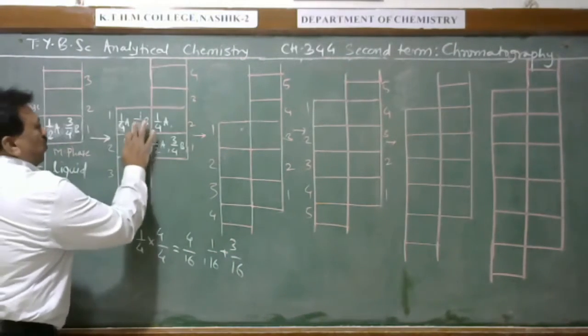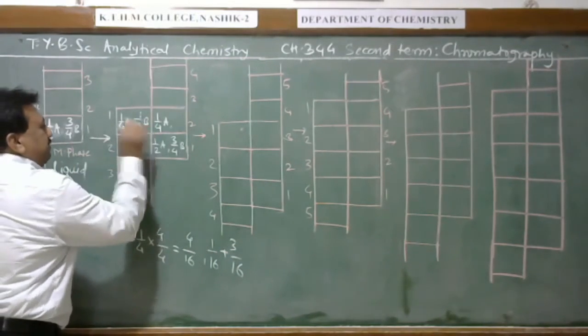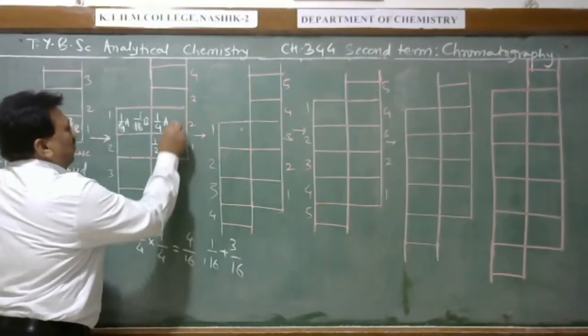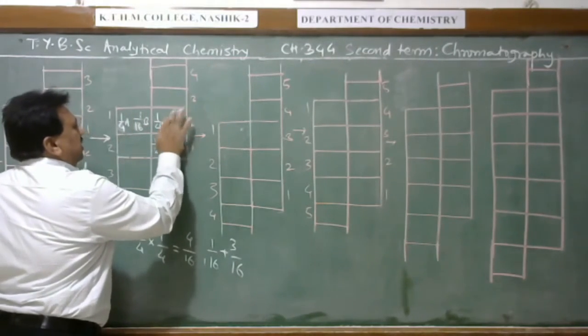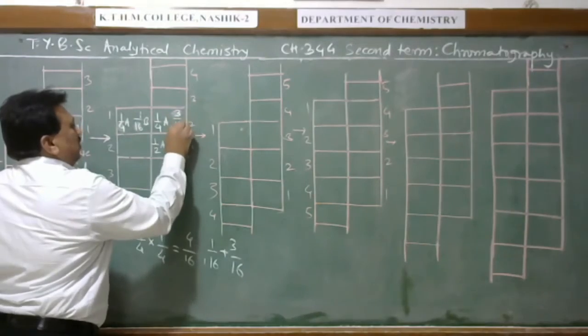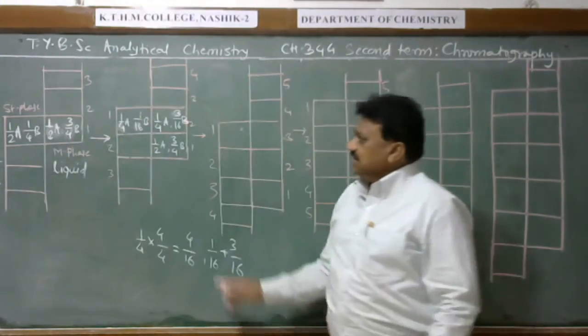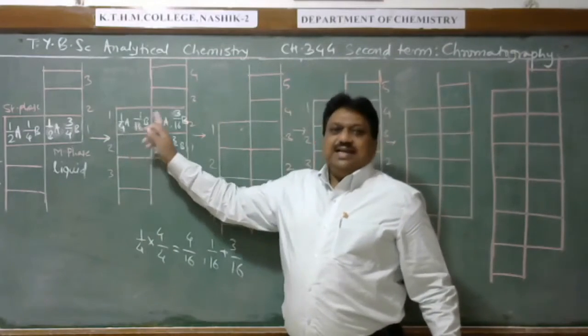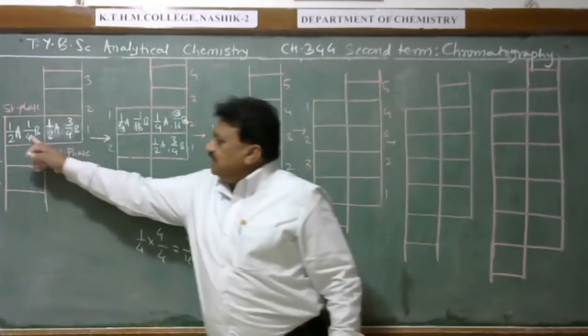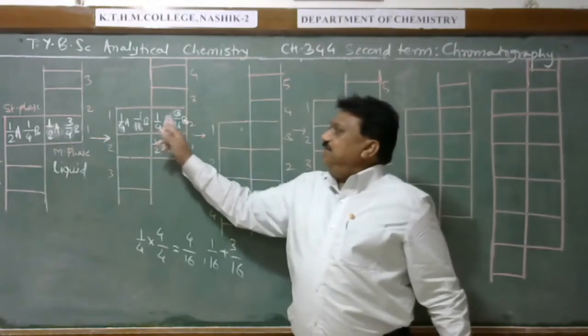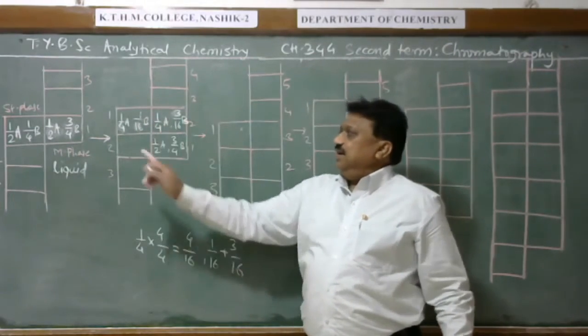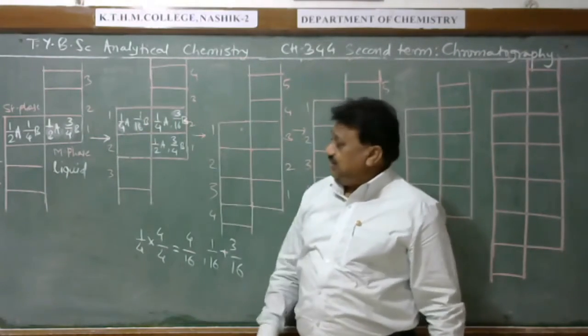Therefore here 1/16 B will remain in the stationary phase liquid while 3/16 B will be given in the mobile phase. That means again there is distribution of A and B on the basis of solubility, and that will be taking place in this fashion.